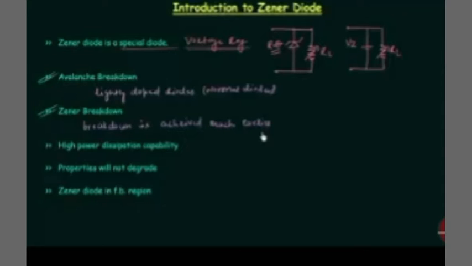This is because we increase the doping level on both sides, the N side and the P side. We increase the doping level and we have the breakdown earlier compared to the normal diode.